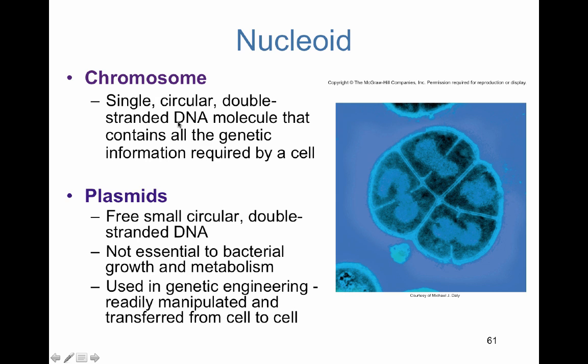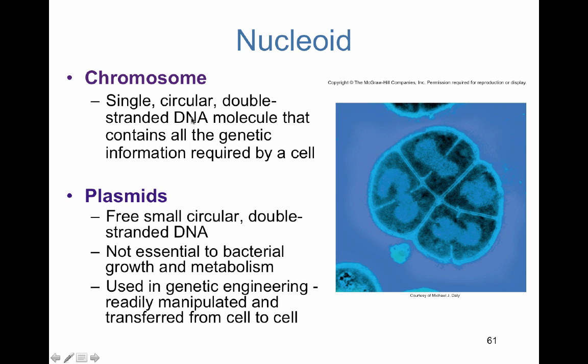Basically, DNA is made up of four bases linked to a sugar and a phosphate, and those bases are A's, T's, C's, and G's: adenine, thymine, cytosine, and guanine. You're going to find that sequence of A, T, C, and G within the chromosome, and that message is going to provide the directions to the cell to make all of the RNA and all of the protein that is required by that cell.